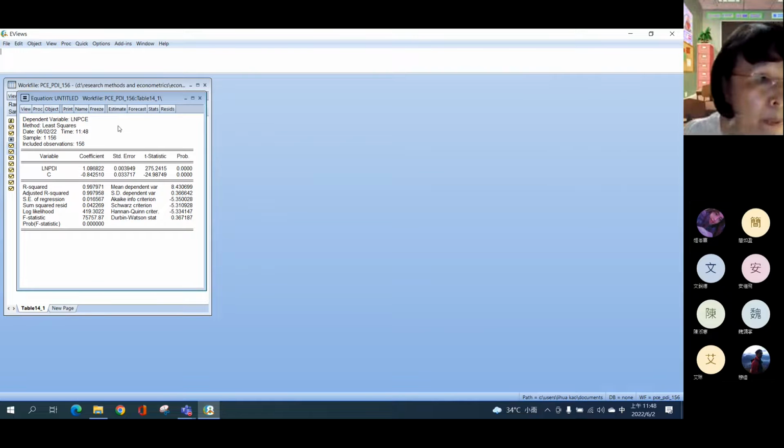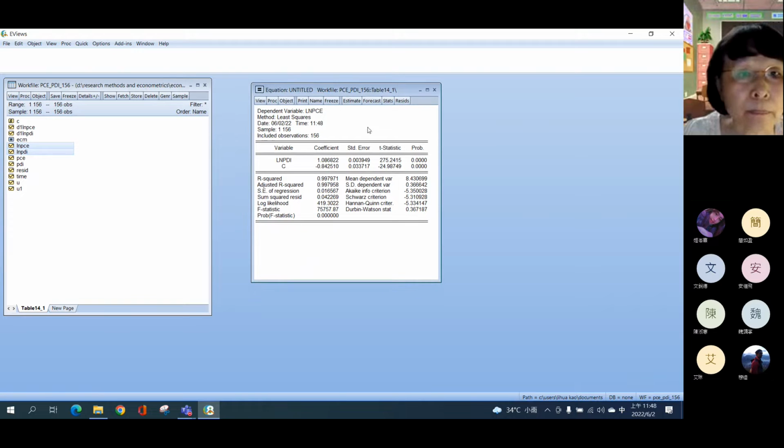Before we had learned any concept about stationarity, we did the regressions, and we ran the regression with LMPCE as the Y variable and LMPDI as the X variable. So according to this output, what do you see?